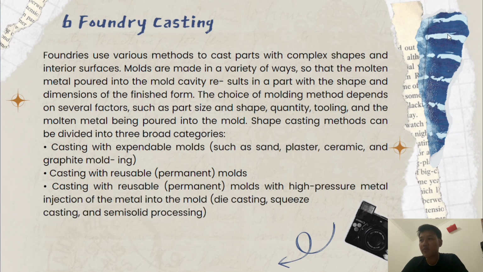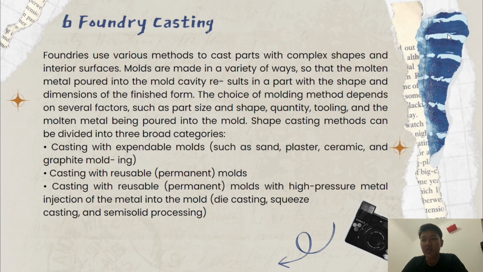6. Foundry casting. Foundries use various methods to cast parts with complex shape and interior surface. Molds are made in a variety of ways so that the molten metal brought into the mold will result in a part with the shape and dimension of the finished form.